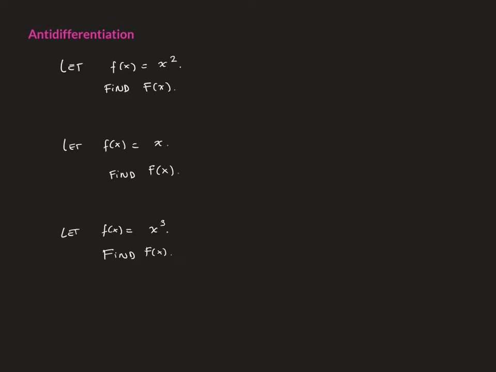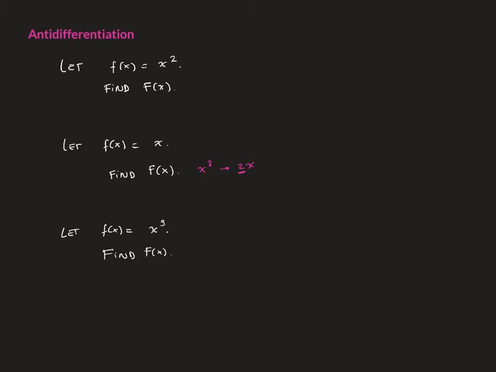Let's consider these three functions, x, x squared, x power 3, and let's try to find the antiderivative of each of them. I'm going to start with x. Which function has a derivative of x? Well, I know that the derivative of x squared leads to 2x. But in the f of x that was given, this 2 is not present, which means that when I did the derivative, it got cancelled.